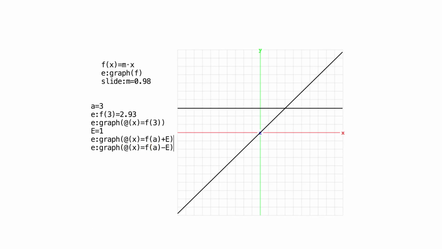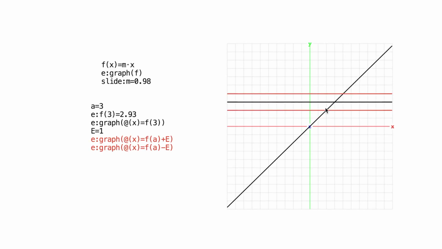These are our restrictions. I'll make them red. And so the output of the function for a given input has to be between these two restrictions, right? That's given this epsilon. And they can tighten it up. They can say, you've got to be within half a unit of the limit, right? But for now, we'll just keep it as 1.